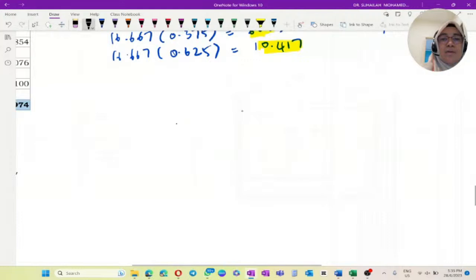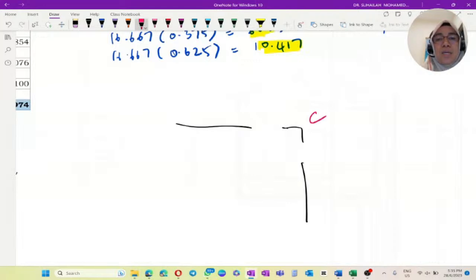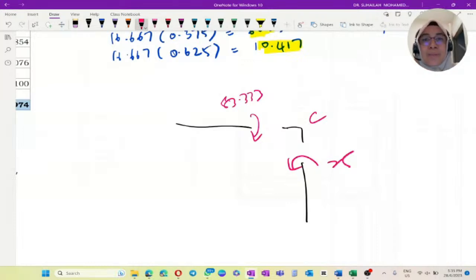This is C. We have 83.333 here, and we have negative 25. This is the fixed end moment, representing the first member end moment in the table.